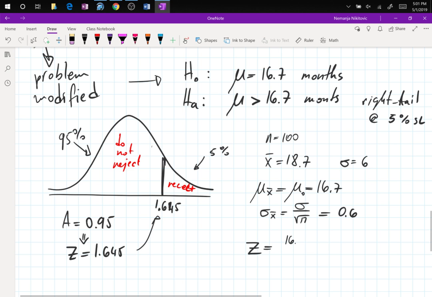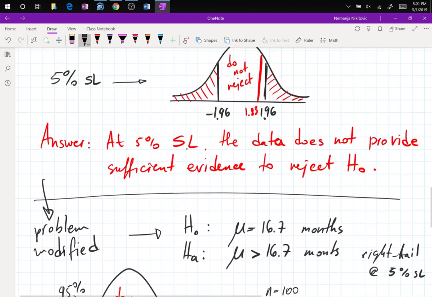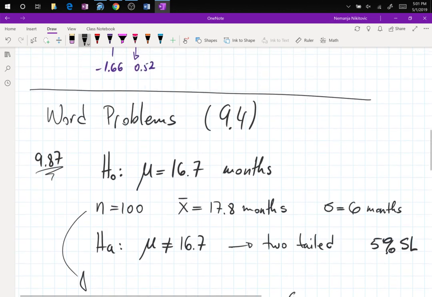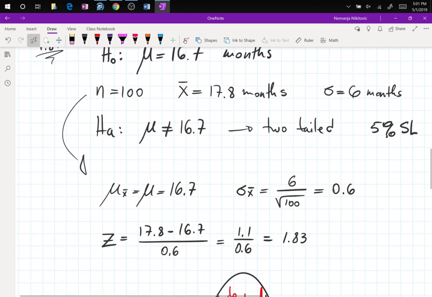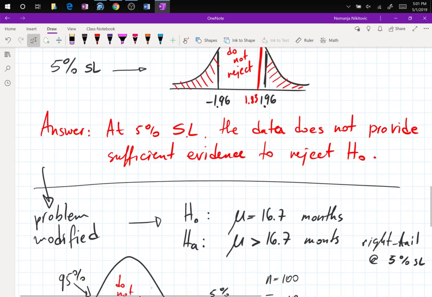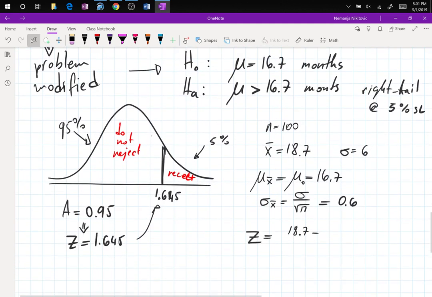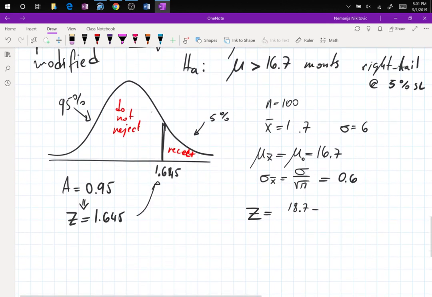So we do have the same z from before, which is 16.7. No, I lied. 18.7 minus, what do I have wrong over here? 16.7 and 17.8. It's 17.8.